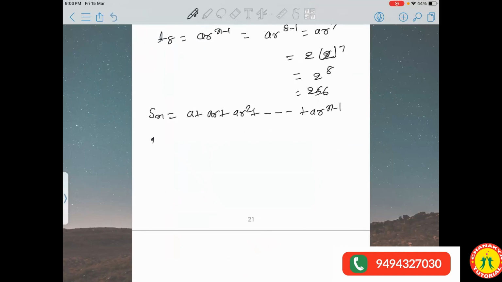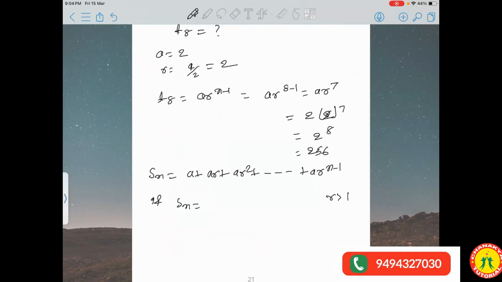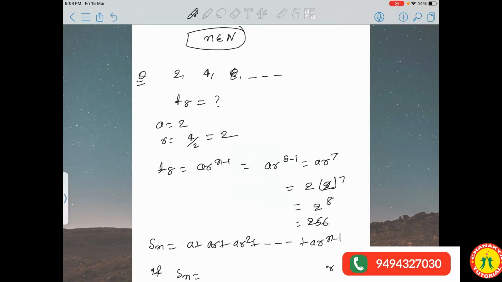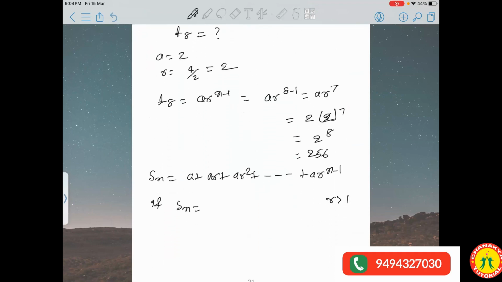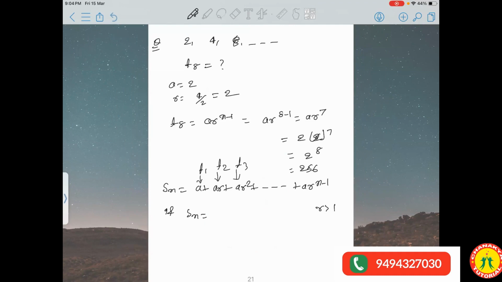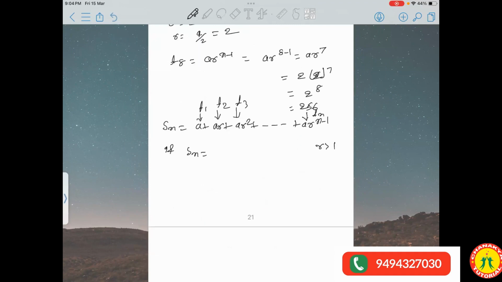If R is greater than or equal to 1, say the formula Sn is equal to. Anyone know the formula for Sn? Sum of Tn terms, this is T1, this is T2, this is T3, like that up to Tn.